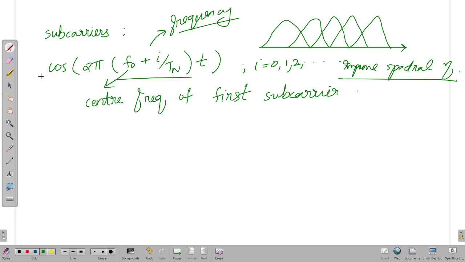We'll prove that this set of subcarriers forms an orthogonal set.